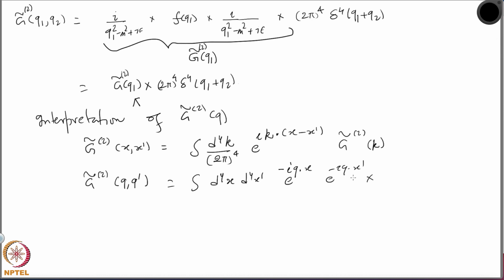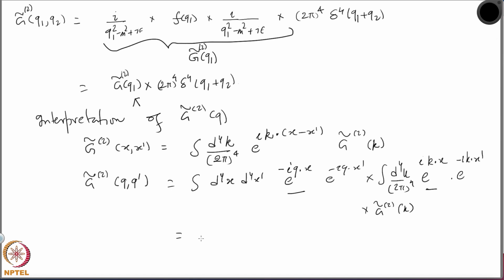So instead of g tilde 2 of x, x prime, I will just substitute this. So this is the integral d4k over 2 pi to the 4, e to the i k dot x into e to the minus i k dot x prime times g tilde 2 of k. Okay, let's do the x integral. So this piece involves the x, that piece involves x.